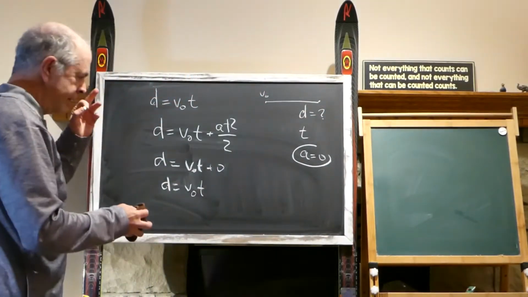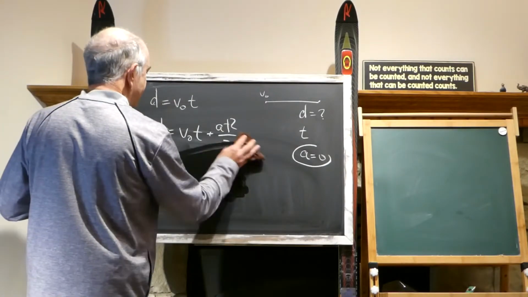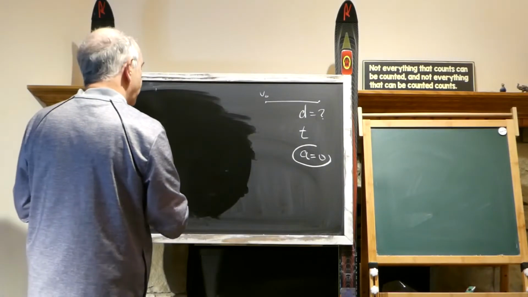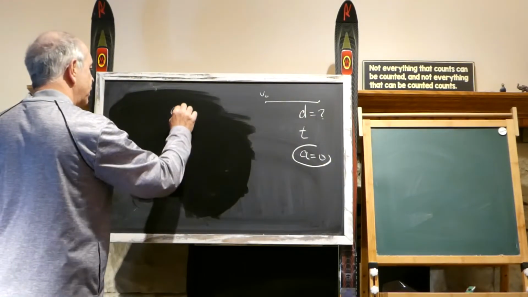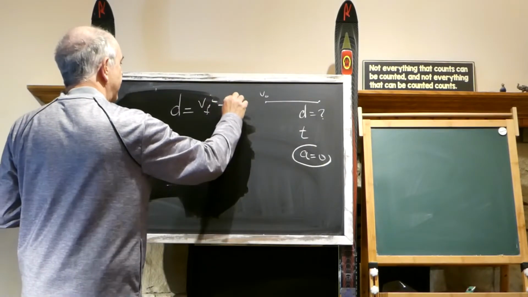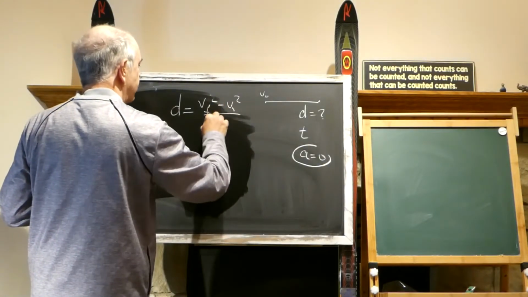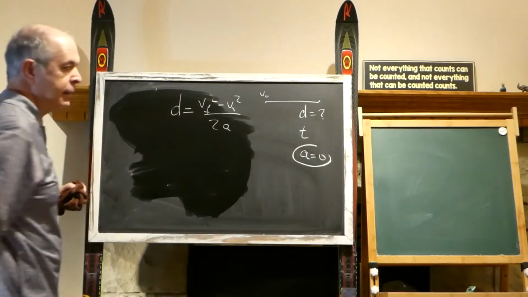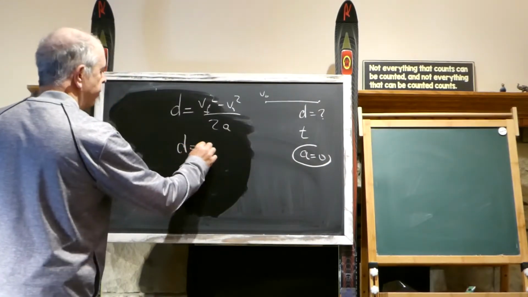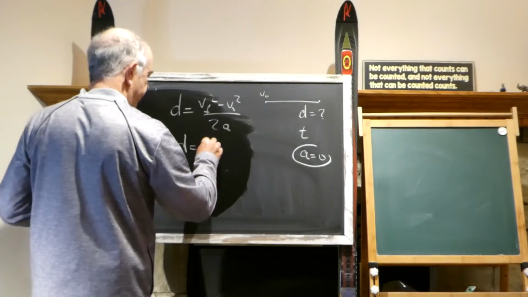Except for one thing, that not all the formulas are created equal. For example, if we take the formula d equals v final squared minus v initial squared divided by 2a and try to apply it here, everything would be fine with the upper part.